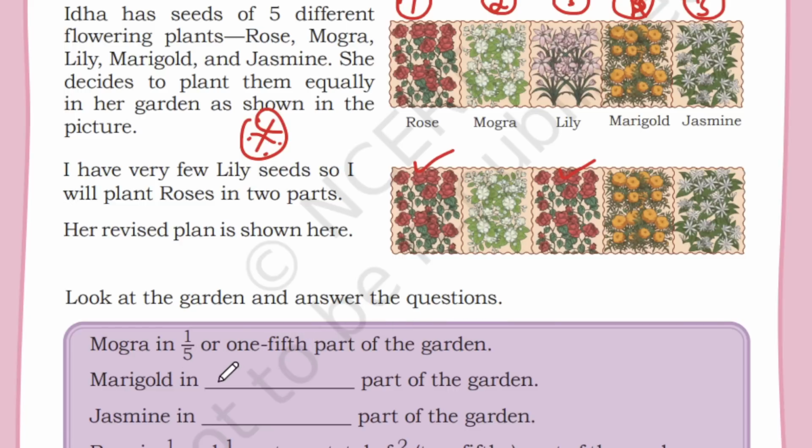So marigold is dash part of the garden. Here we have marigold. So marigold again is 1 by 5 part of the garden. Again jasmine, where is jasmine? Jasmine is here.